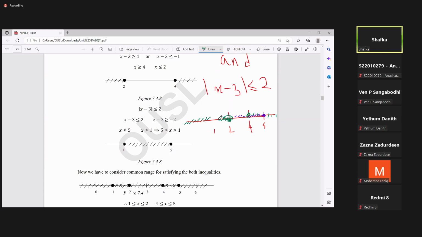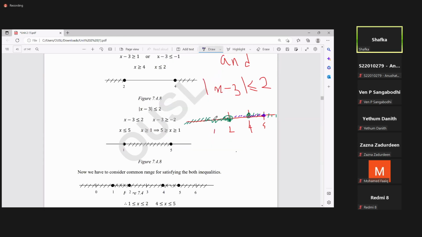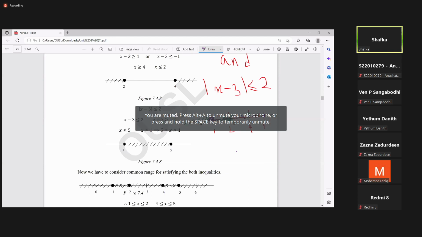Okay, everything including 2 for the first inequality and everything less than 1. Then what are the common regions?